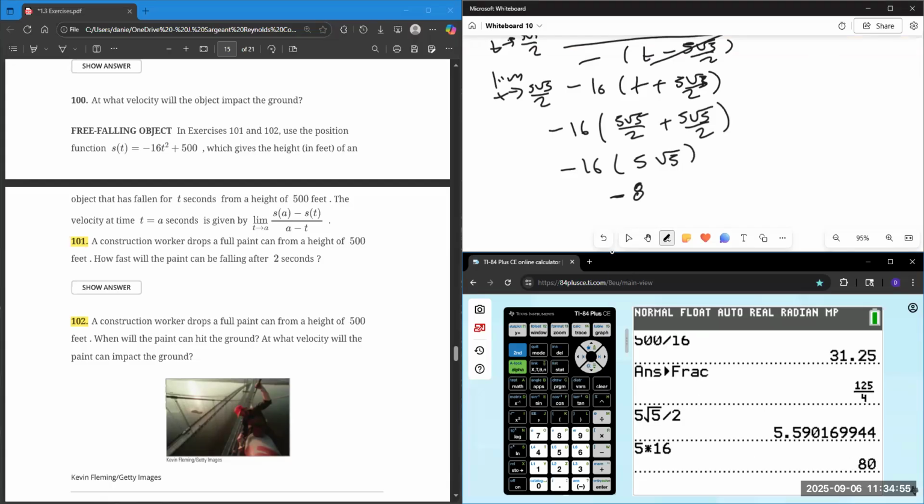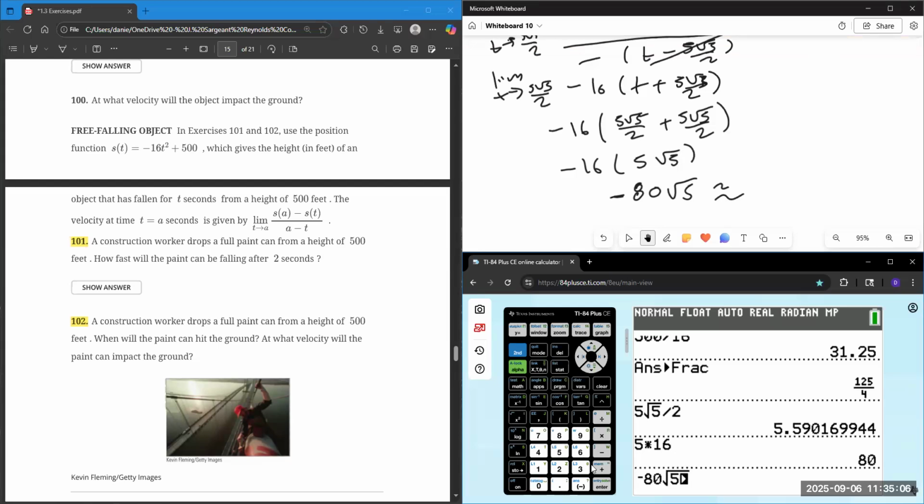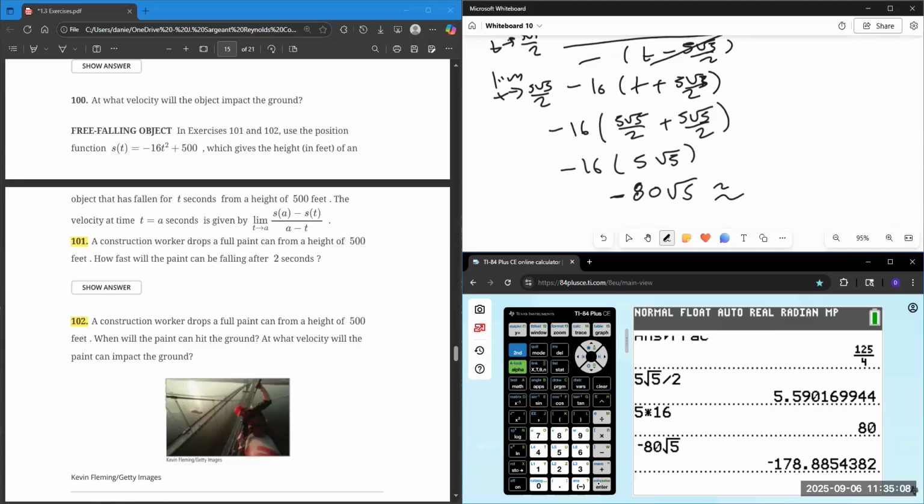Negative 80 root 5. Let's approximate that. So this is negative 80 root 5, and this is going to be about negative 178.89 feet per second when it hits the ground.